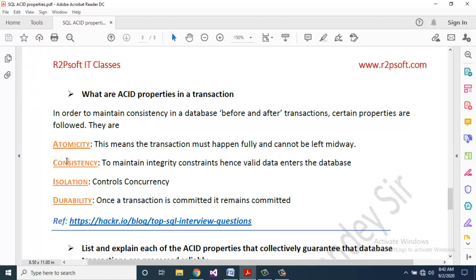Consistency, to maintain integrity constraints, hence valid data enters the database. Isolation controls concurrency. Durability. Once a transaction is committed, it remains committed.